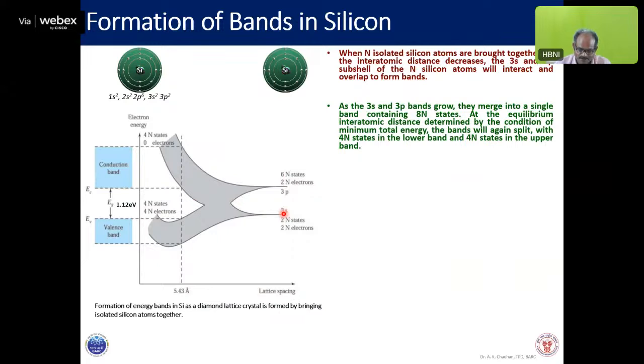Splitting of the 3s levels is taking place here, and splitting of the 3p levels is taking place here. Now, up to this point, suppose I put a bar anywhere, if I have brought all the n silicon atoms to this distance.